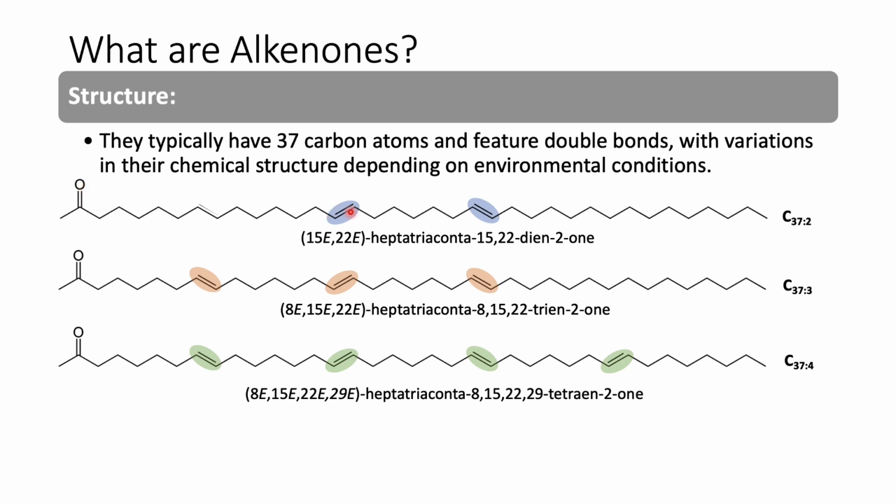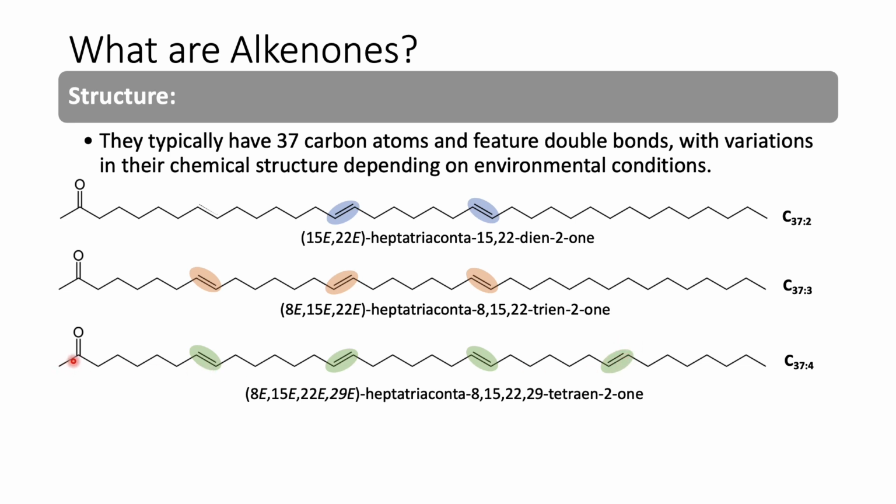So ene, and this is one, and this is an alkyl chain. So alkenone is the name given to this kind of compounds. Similarly, when we have 3 double bonds, we have 1 additional double bond here at the 8th carbon starting from this end. And when we talk about 4 double bonds, we also have another double bond at the 29th carbon.